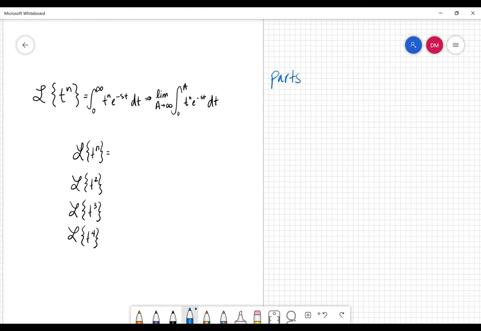When we integrate by parts for this one, we're going to call u t to the nth, and we are going to call dv that e to the negative st dt portion. So du will look like this, and v like this.